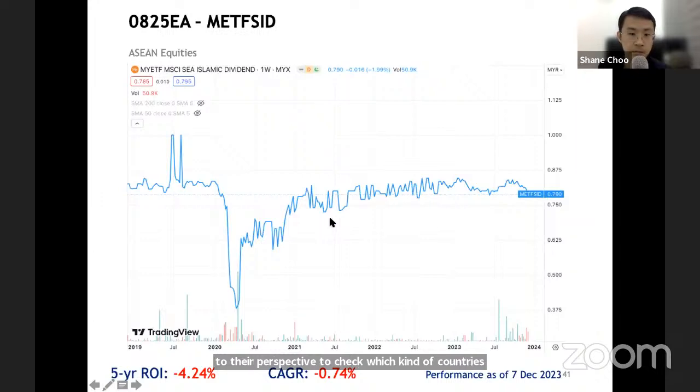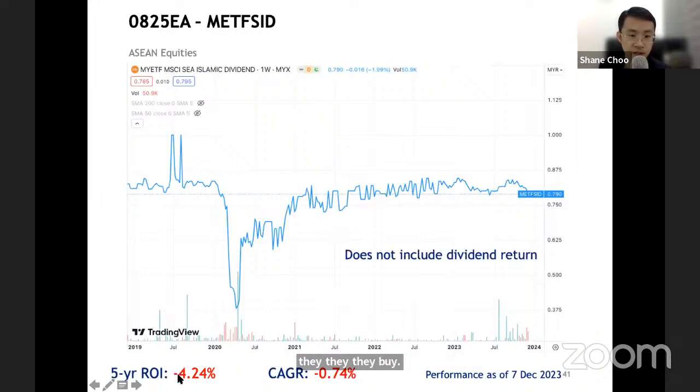So this is the performance so far. The 5-year return is down 4%, but this does not include dividend return, because this fund seeks to buy stocks that pay high dividend yield, right? So this is merely from capital appreciation or depreciation. Plus the dividend return, this fund will result in a positive value.